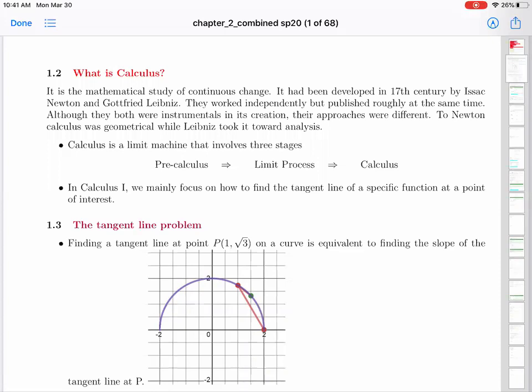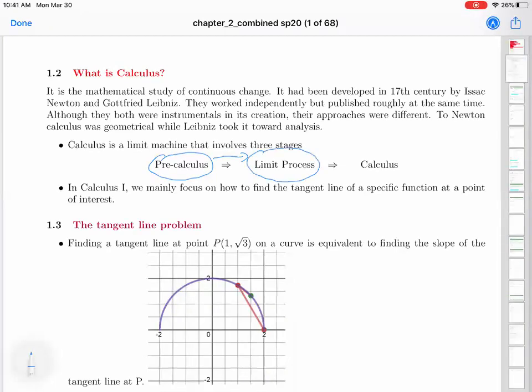So calculus, by its definition, is a limit machine that involves 3 different stages. It goes from pre-calculus, which is static change, through the limit process.